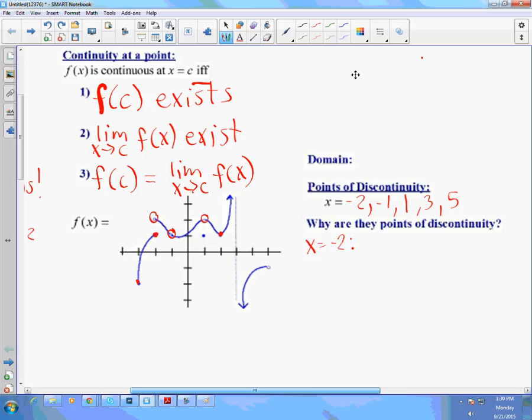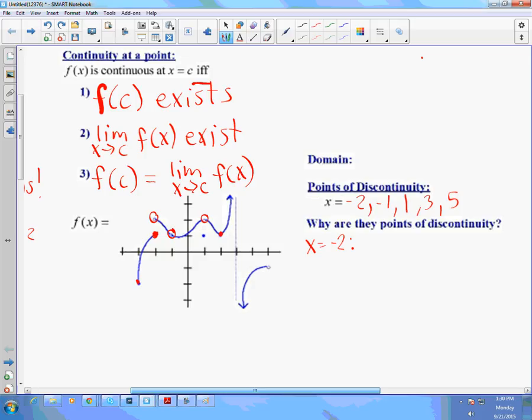Let's see, say what it fails. So at x equals -2, does f(c) exist? Does f(-2) exist? And therefore the point at -2. Yes, so that one passes. Look at part 2, the limit as x approaches -2 exists. From the left and the right, are we approaching the same point?